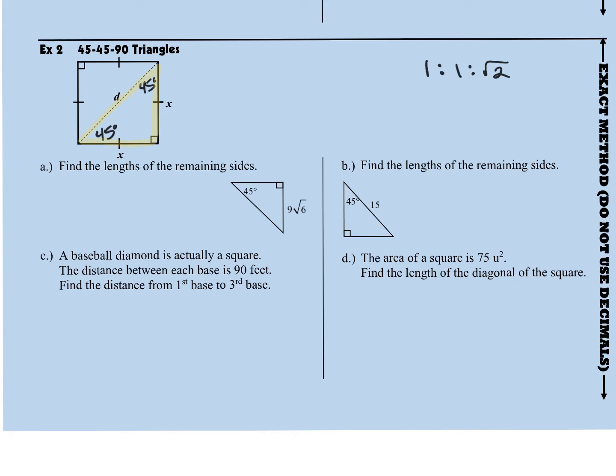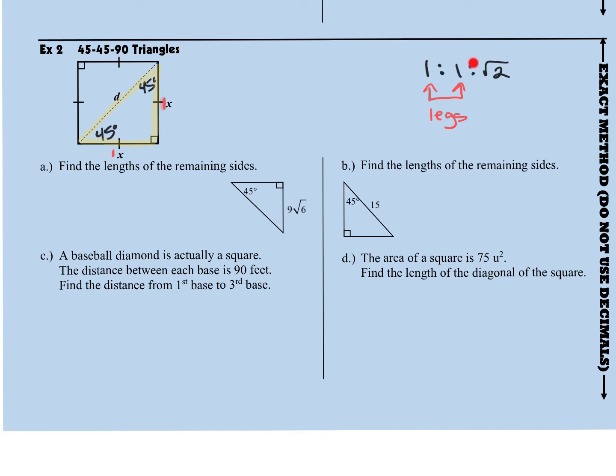Similar to what we saw in the 30, 60, 90 video, if we look at the coefficient here on the x, there's that implied coefficient of a 1 and an implied coefficient of a 1 on both of those x's. These ones are the same ones over here. So the ones in our extended ratio are going to represent the legs. And this is going to be easier than our other triangle because both of the legs are the same.